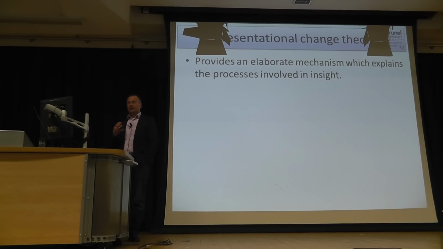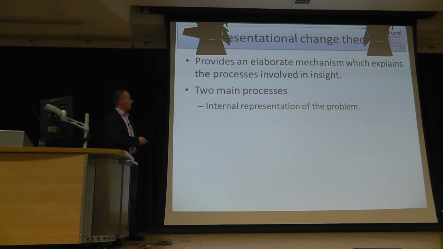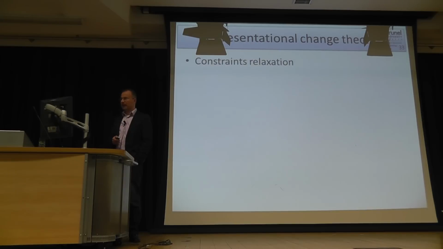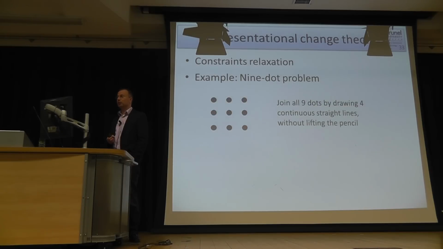So, as we said, representational change theory provides more elaborate mechanisms which explain the processes involved in insight. The first one we have just seen: we have to change the internal representation of the problem. The second one is constraints relaxation. And again, we will see that with an example, the 9-dot problem.